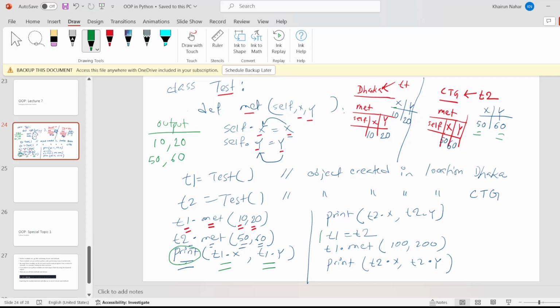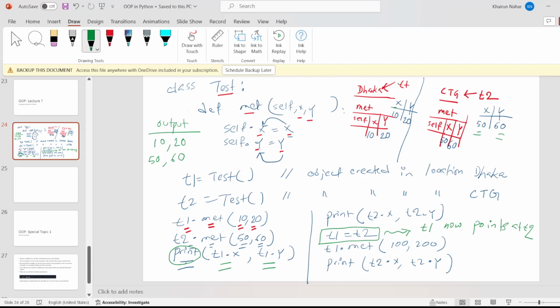Now I'll write this line over here. And this line is the purpose of this video. So I write t1 equals t2. So what happens over here? T1 now points at T2.